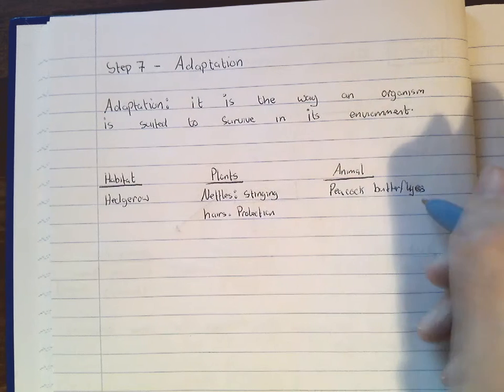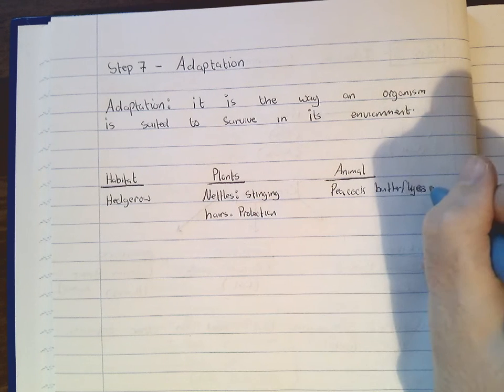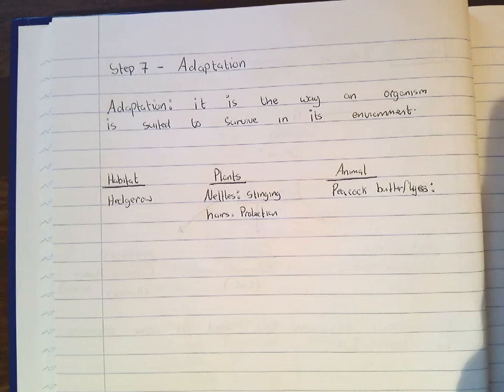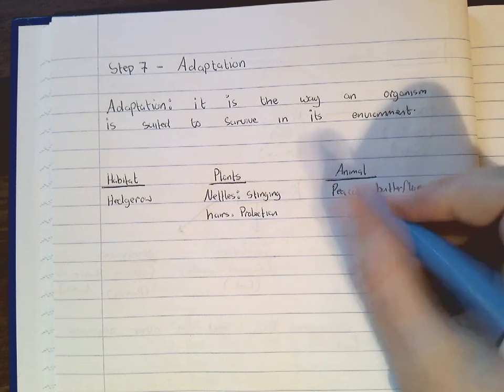What they do is allow them to reach down deep into plants, and they're able to use these tubular mouthpieces to eat nectar, or to suck up nectar.